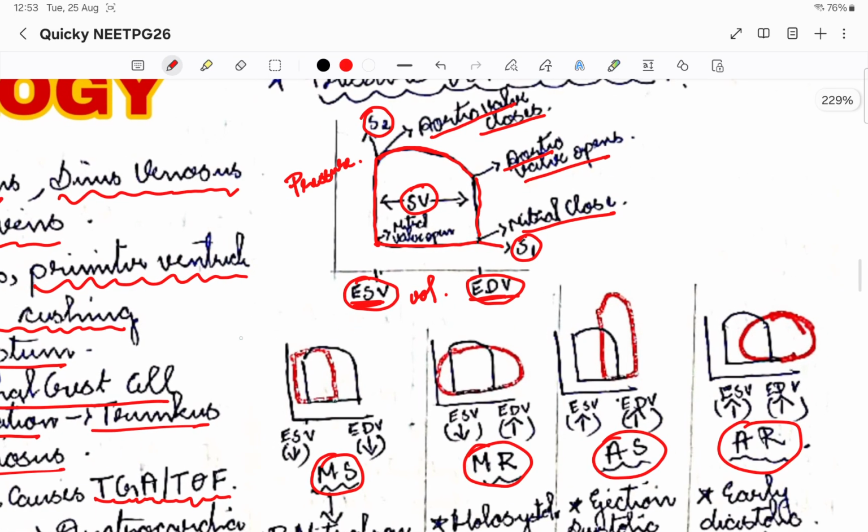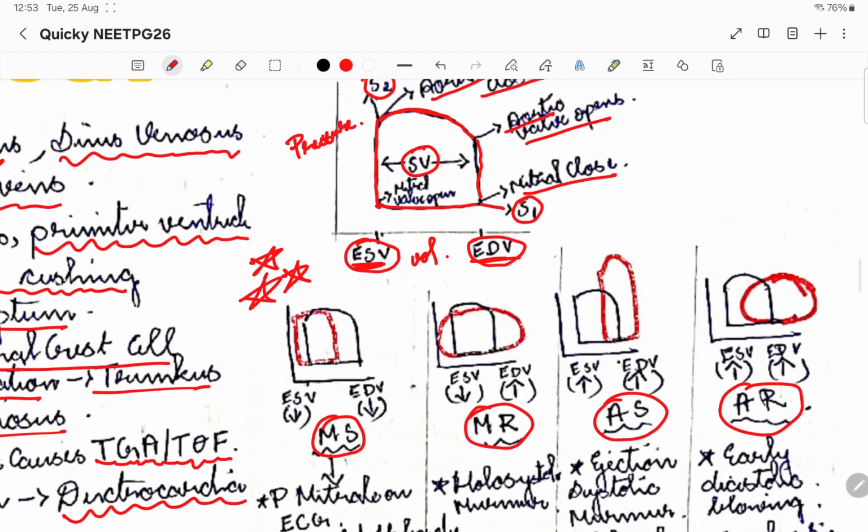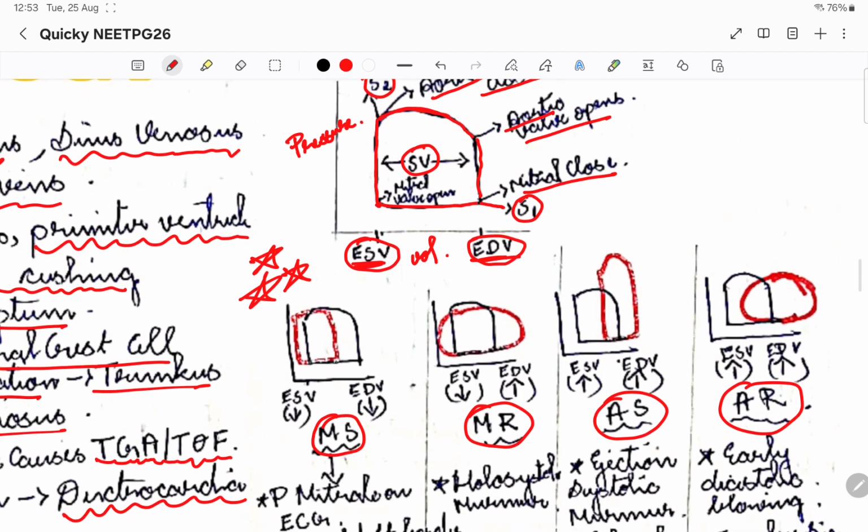This has been the examiner's favorite. Please note this down. It will be easier for you if you know the cycle. Now in MS, the mitral valve will be narrowed, right? There will be low end diastolic volume because not enough blood is entering the left ventricle.